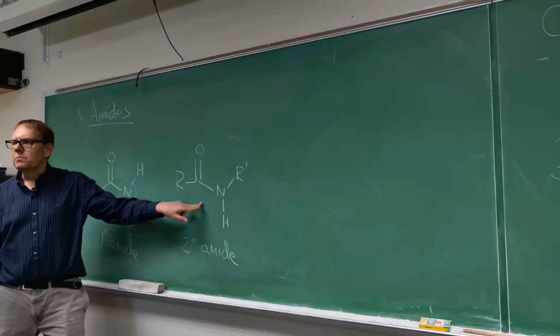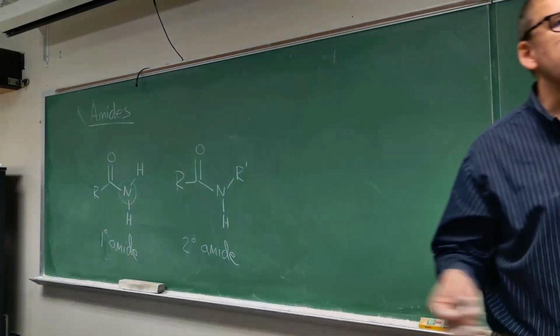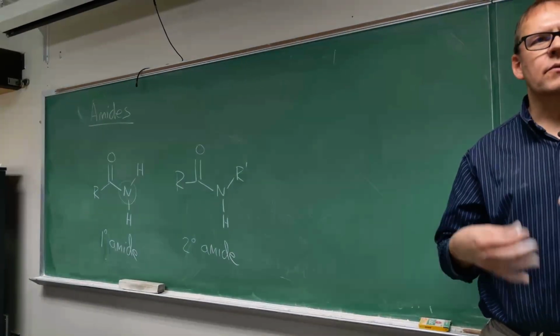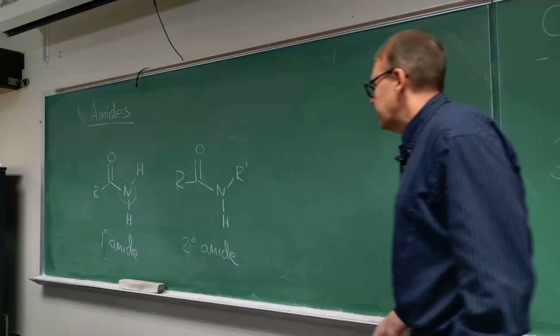And these are really important because most proteins have amide bonds that hold them together, that hold all the residues together, and most often they're secondary amides. Not always, but very often.